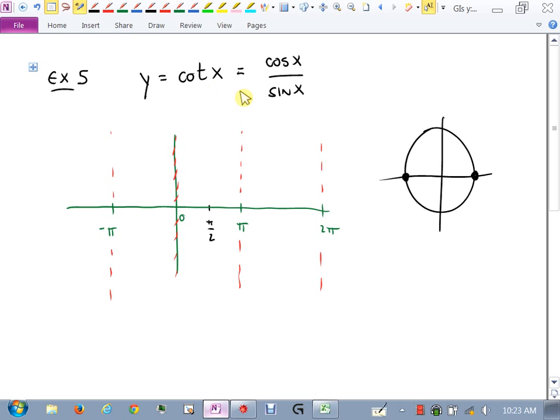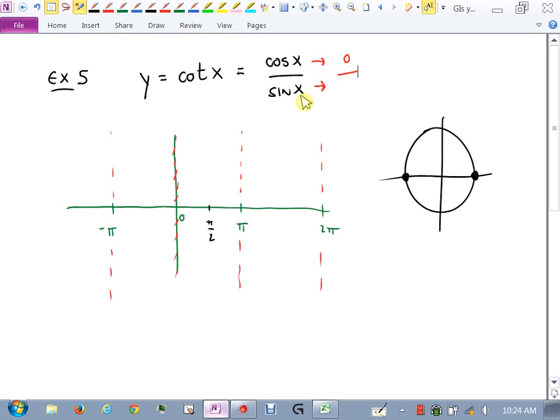So what do you do to figure this out? You do cosine of pi over 2 over sine of pi over 2. What's cosine of pi over 2? What's sine of pi over 2? When I say cosine of pi over 2, you're going to your unit circle, you're going to the x-coordinate, you get 0, right?